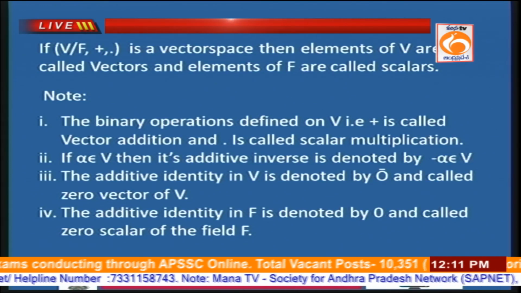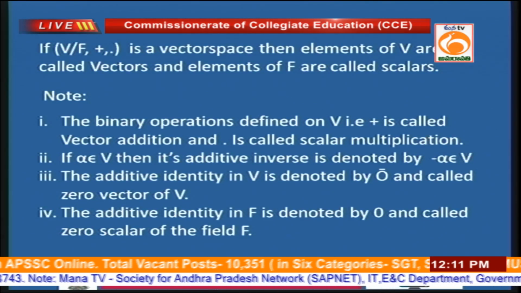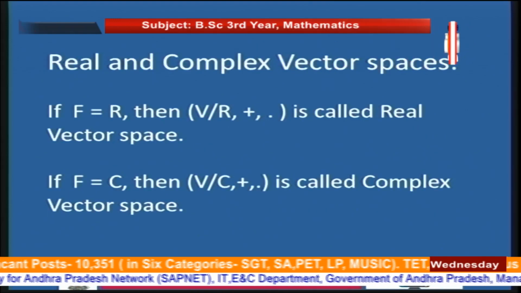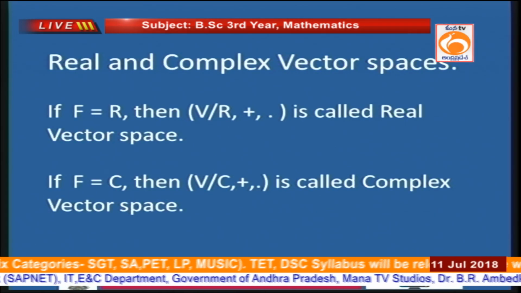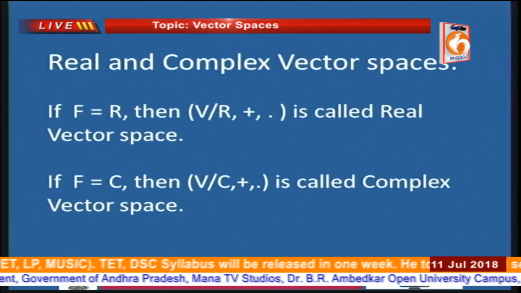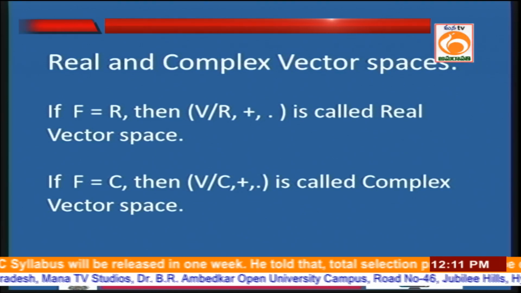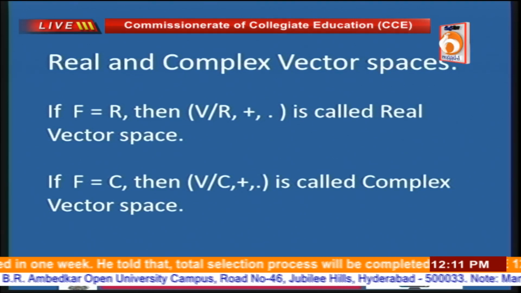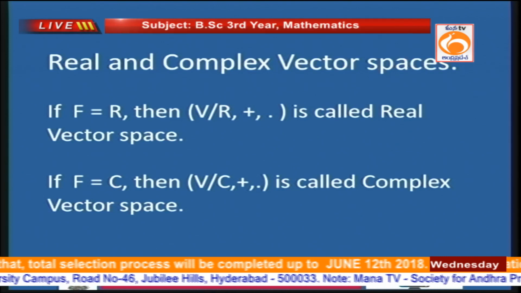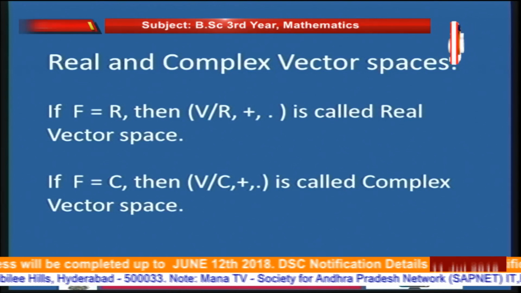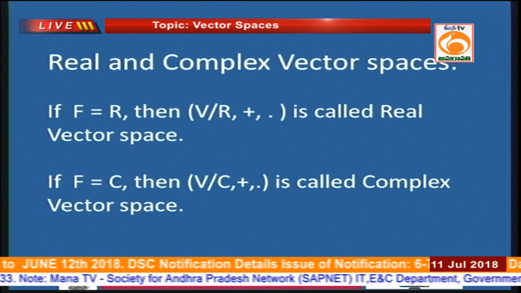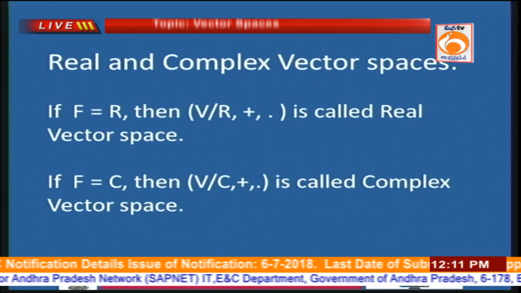Okay. So, if these points are clear, let us go to the simple definitions. Even though we are specifying F is a field, as per my knowledge throughout this paper, we consider only either the field of real numbers or the field of complex numbers.